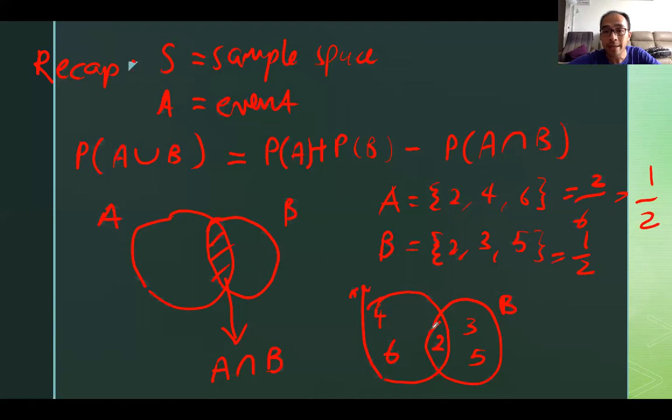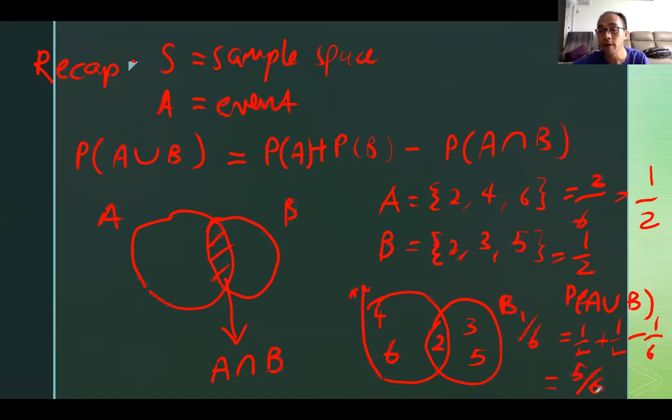But there is an overlap. Look at the overlap. There is one outcome that overlaps, so the probability of getting this overlap is 1 out of 6. So the probability of getting an even number or a prime number is 1 over 2 plus 1 over 2 minus 1 over 6, which is 5 over 6.